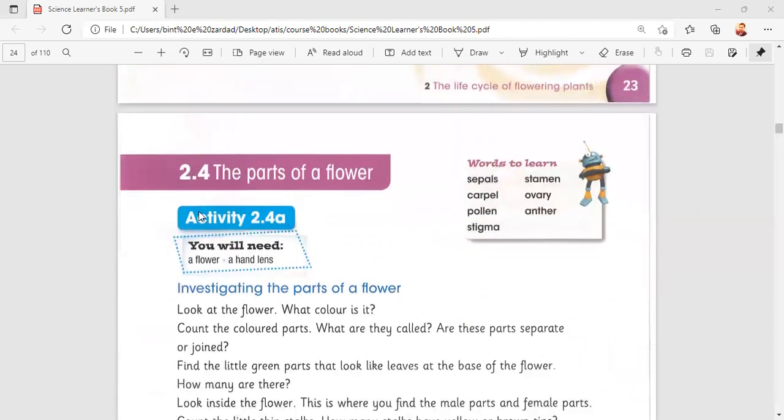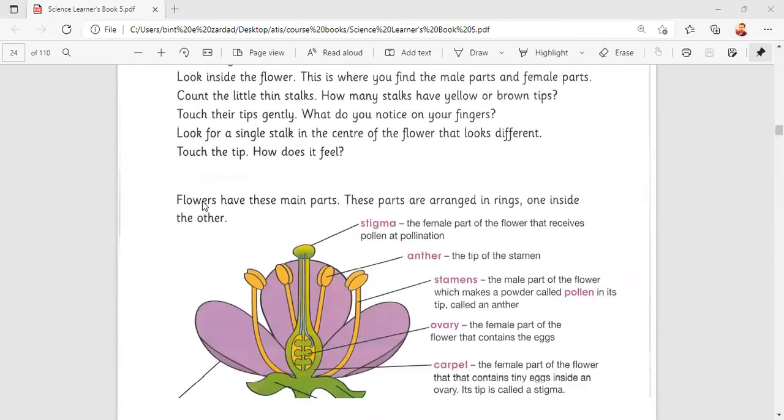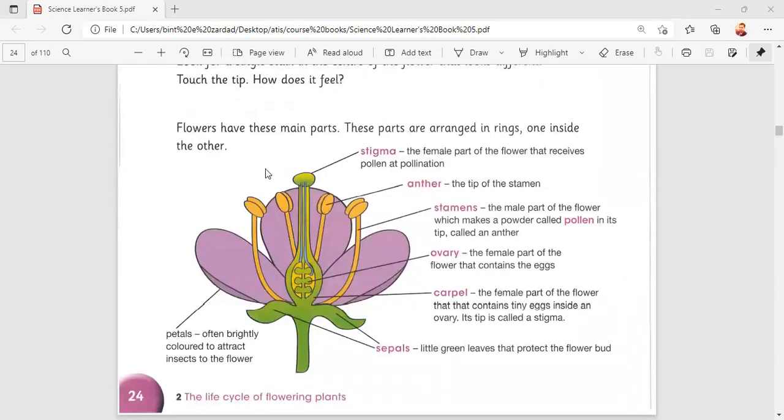Lesson 2.4. The parts of a flower. You can see here a flower and its parts. Starting from here, petals. These are petals, often brightly colored to attract insects to the flower.